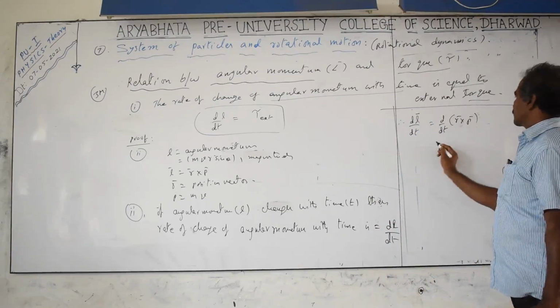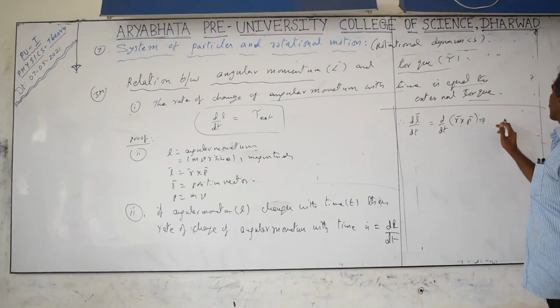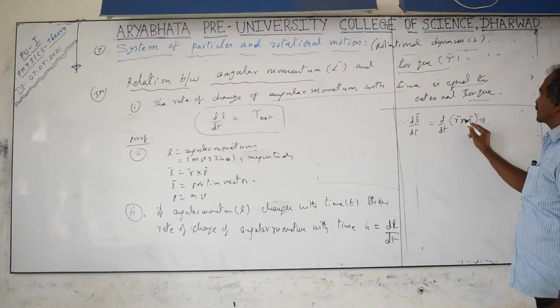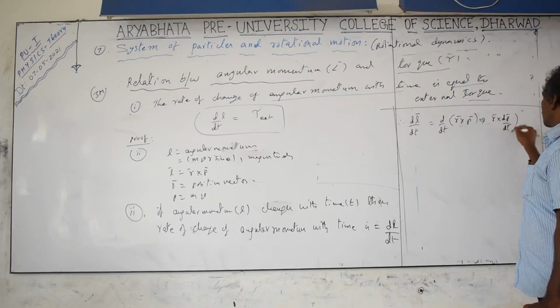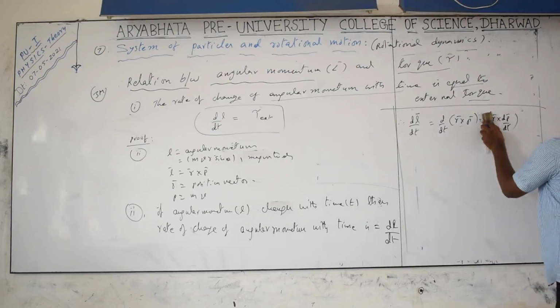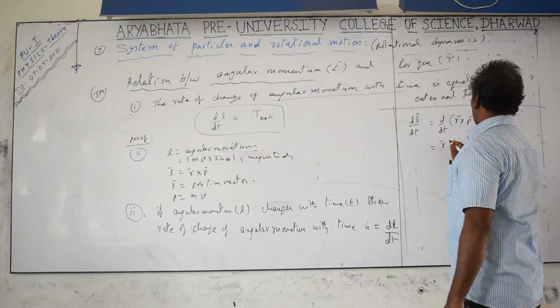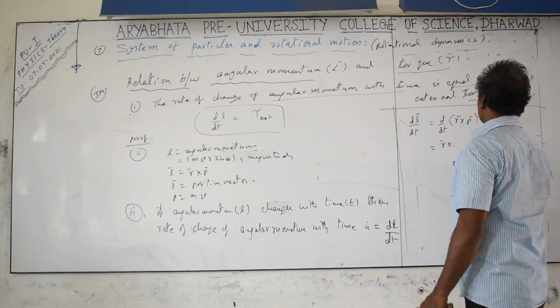So this is equal to dr by dt cross P plus R cross dp by dt.